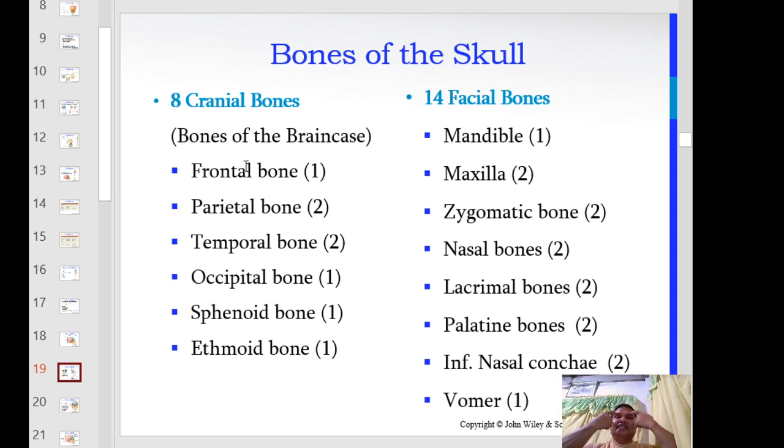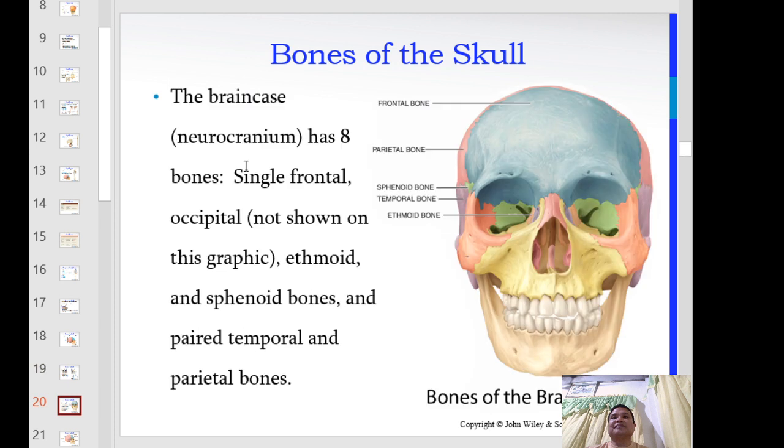Then internally, the palatine, where the palatine tonsil is attached. Then inside the nose, you have your nasal conchae and the vomer. So this is the frontal, the parietal, the temporal, then your ethmoid, located inside, directly at the back.